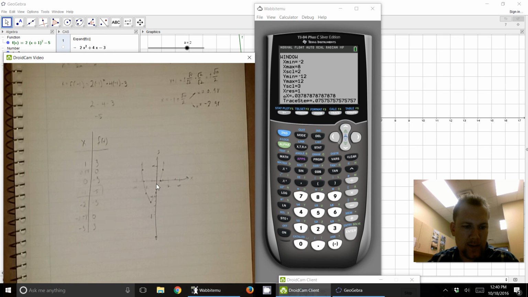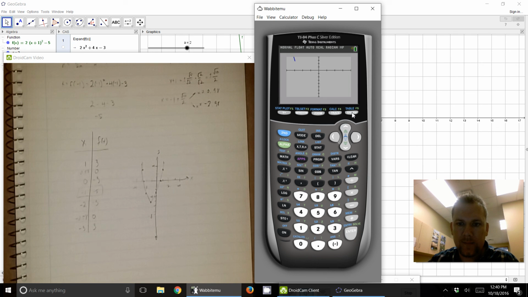We went negative 4 to 4 and negative 8 to 4. So negative 4 to 4 is what I did here, and I went by ones. I went negative 8 to 4 and went by ones there. So now this will graph exactly what we just did. So yeah, that's corresponding pretty darn well to this thing.